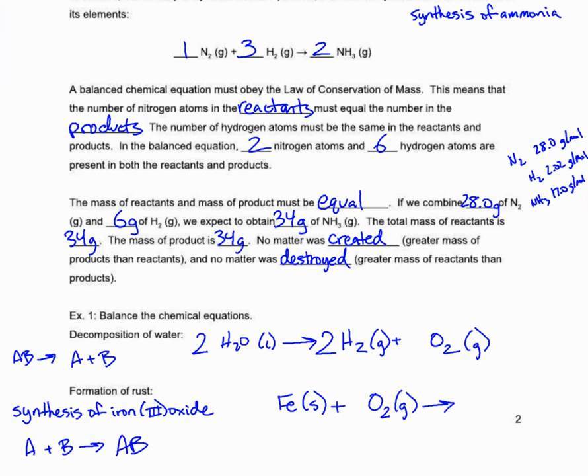So remember what iron 3 oxide means. That 3 here is telling me about the charge of the iron. It is not telling me about the quantity of iron atoms. Iron 3 plus, and oxide is always 2 minus.